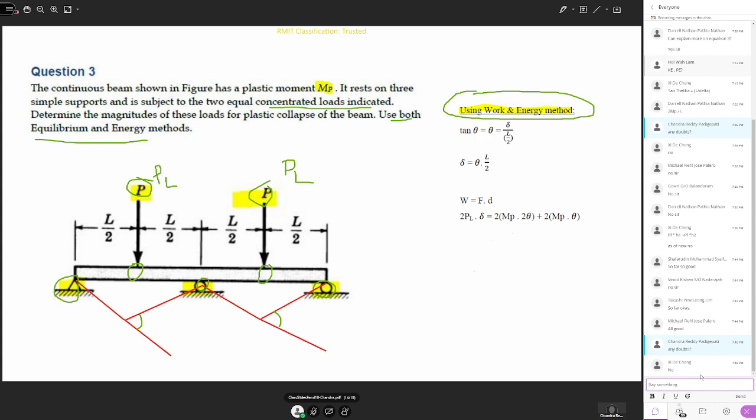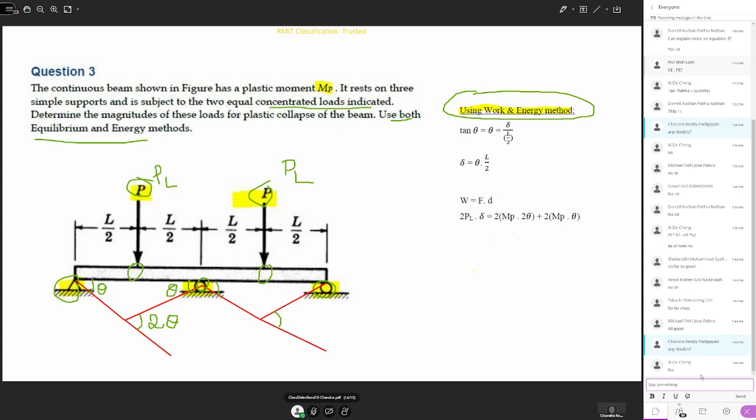Okay, so can someone tell me what will be the angle here? If this is the angle theta, so this angle will be 2 theta.